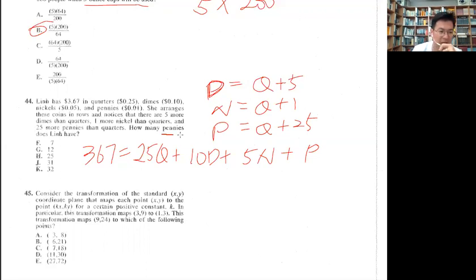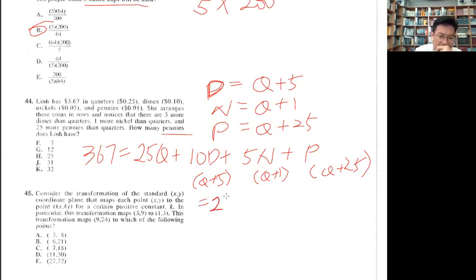How many pennies we're looking for? So instead of d, we're putting q plus 5, n we're putting q plus 1. Instead of p, we put, let's work it out. So then 25q, and the next one 10q plus 50 plus 5q plus 5, and then plus q plus 25.